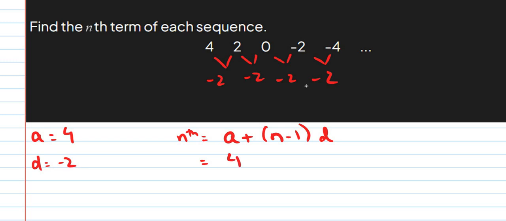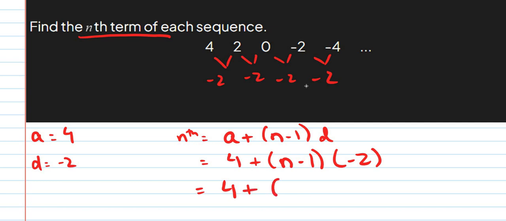A is equal to 4 plus, because we are finding the nth term of the sequence, we will let n remain as it is. N minus 1 multiplied by d, which is negative 2. So 4, this will become plus bracket n multiplied by negative 2 is negative 2n, and negative 1 multiplied by negative 2 is positive 2.